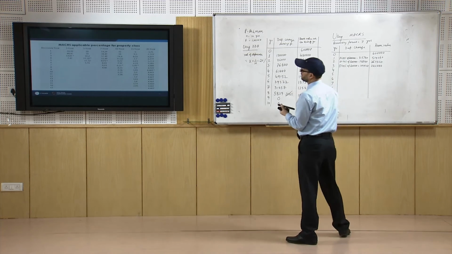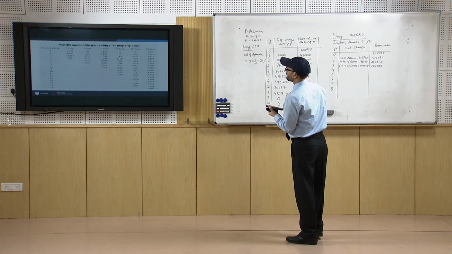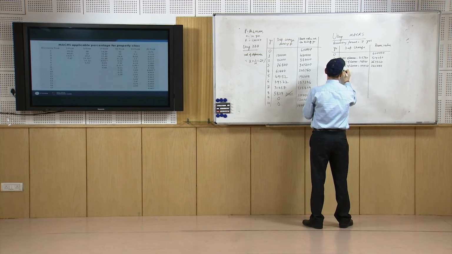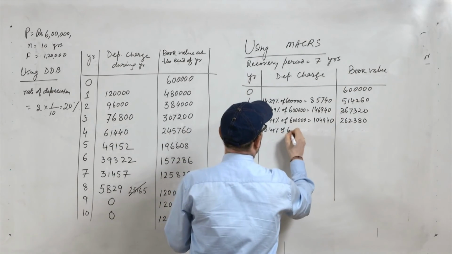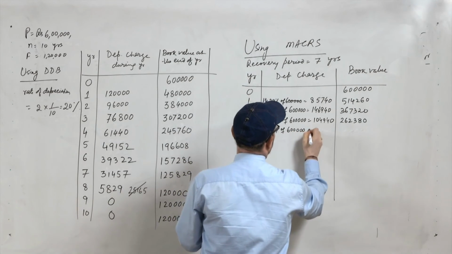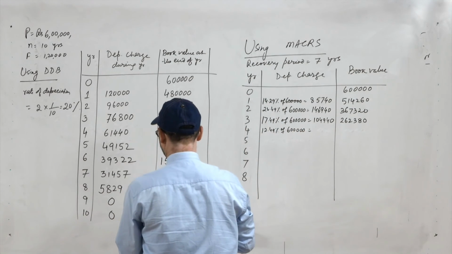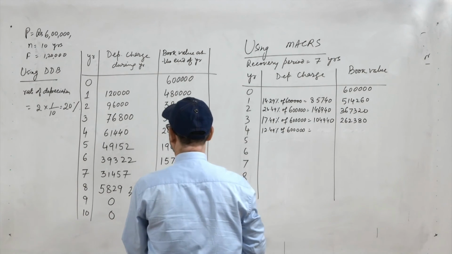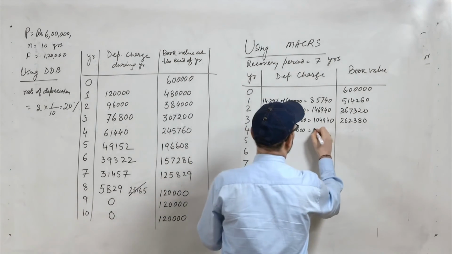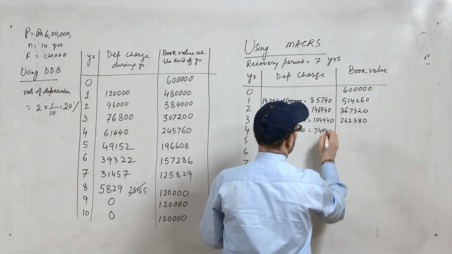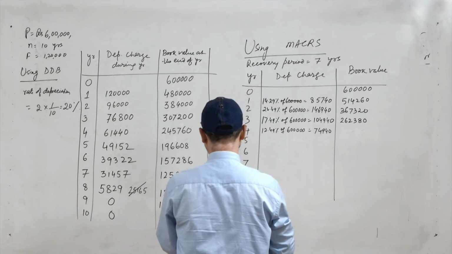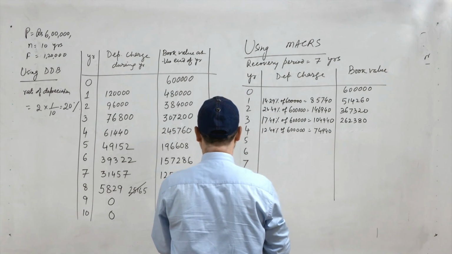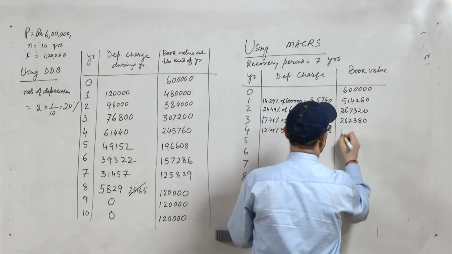So, in the fourth year it will be 12.49% of 6 lakh. It is 74,940 subtracted from 262,380, and we get 187,440.